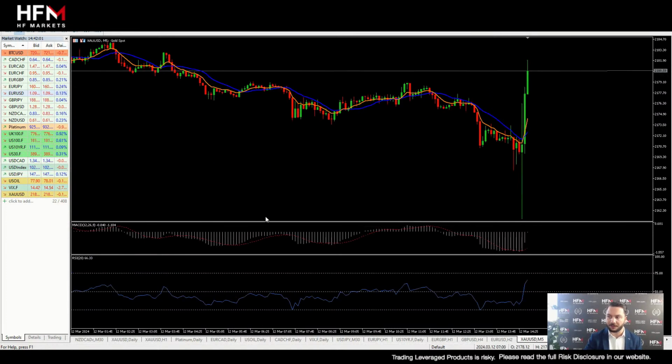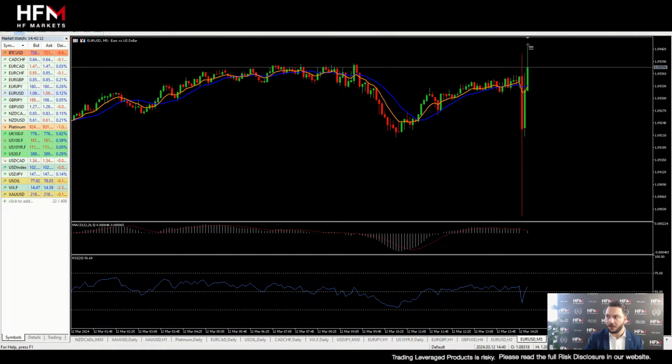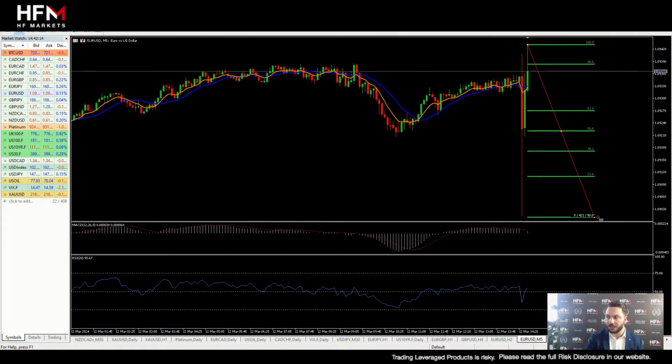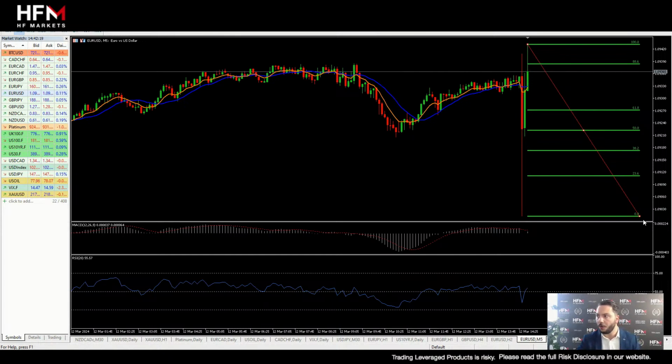Now, what we can do at first is we can switch onto a smaller time frame. And when we switch onto a smaller time frame like this, then we can actually start to use what is known as Fibonacci levels. So I'm drawing a Fibonacci level for the whole of the range of volatility.